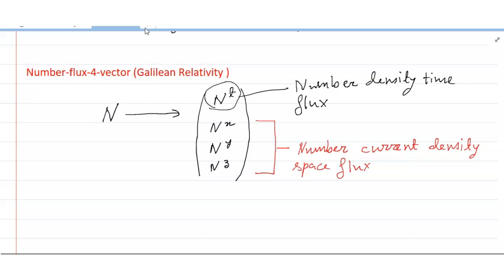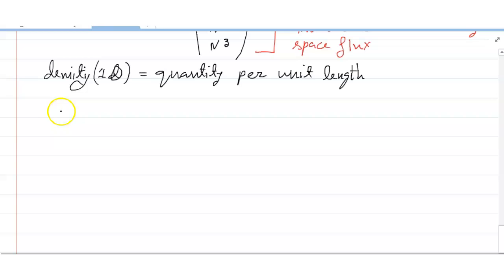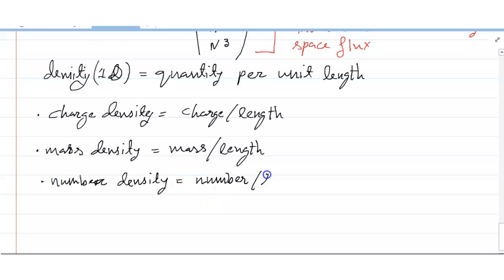Density in 1D equals quantity per unit length. Charge density, for example, equals charge by length. Mass density equals mass by length. Number density equals number per length.